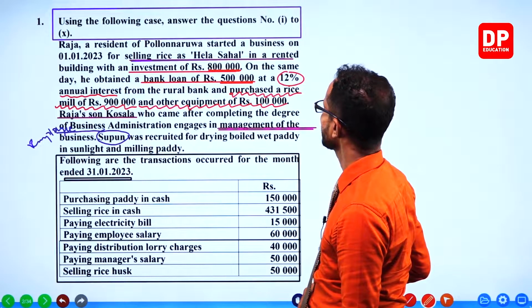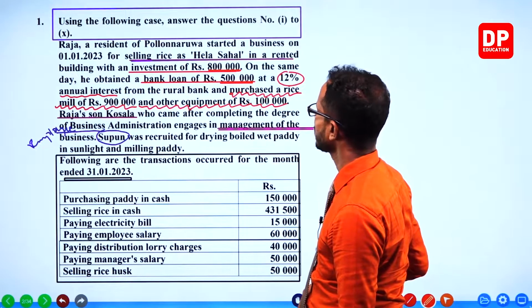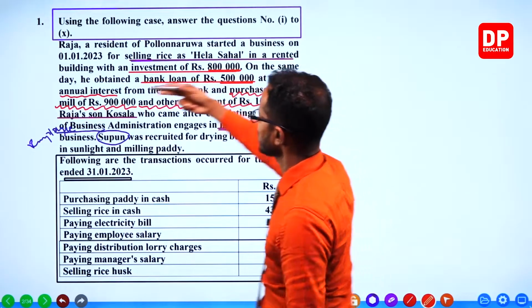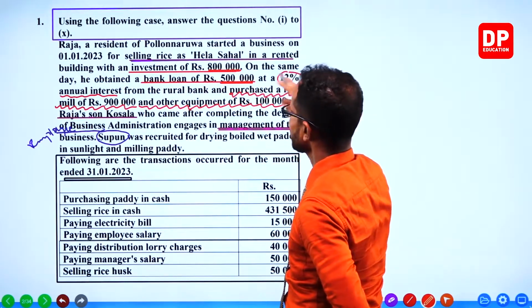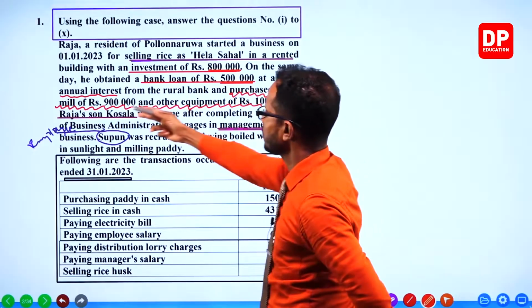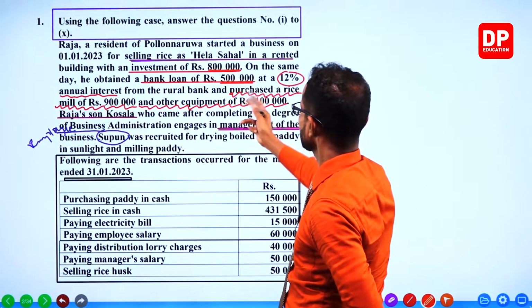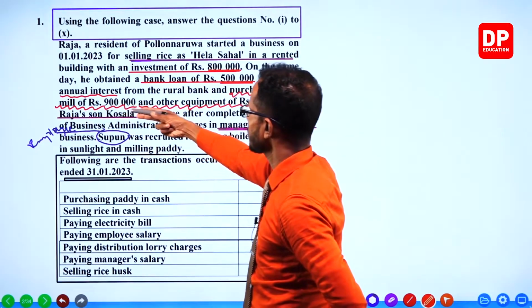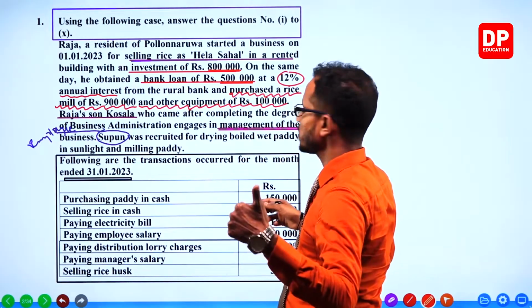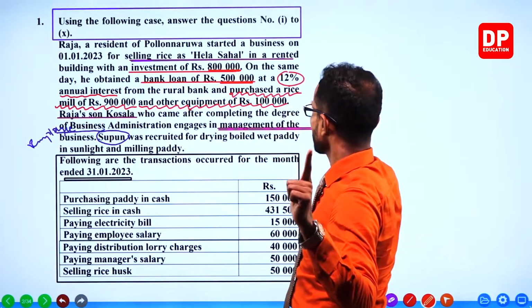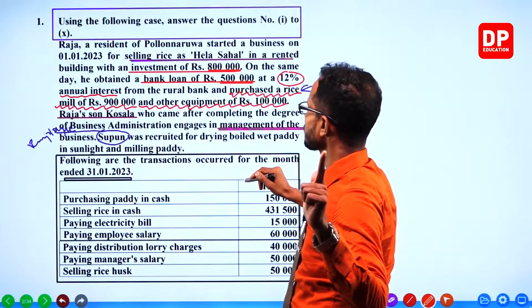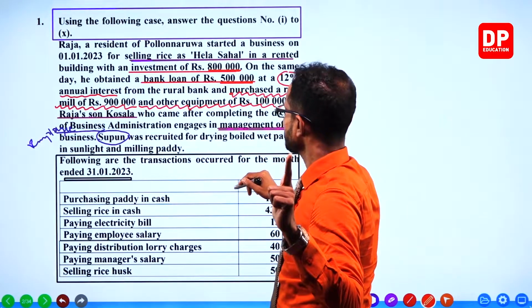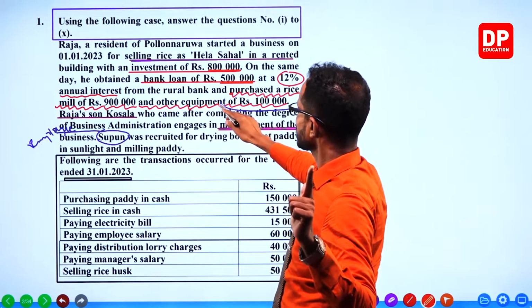Okay. Selling rice as Hela Sahal in a rented building. Investment 800,000. Took a bank loan, annual interest, purchased a rice mill and other equipment. Rice mill, other equipments, all are capital, right? Man-made resources. Rice mill, other equipments.